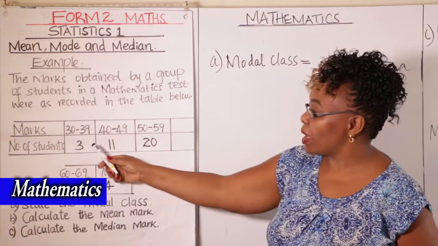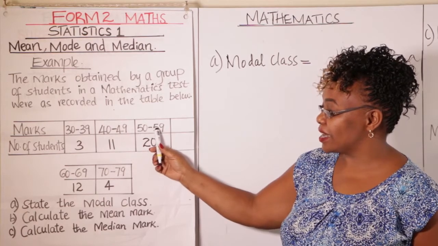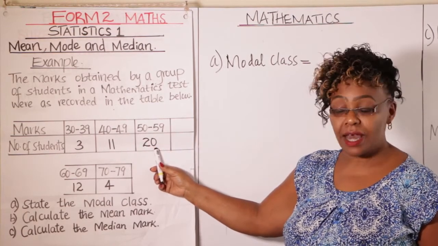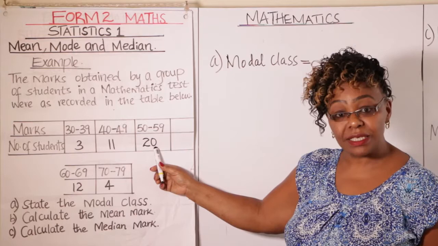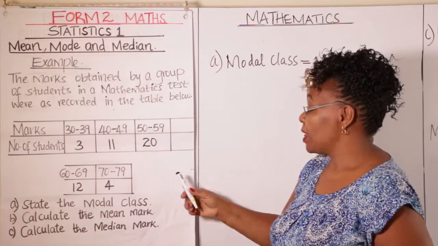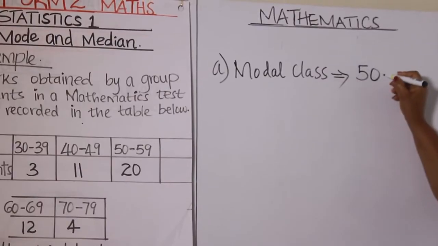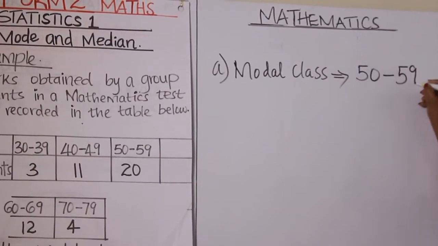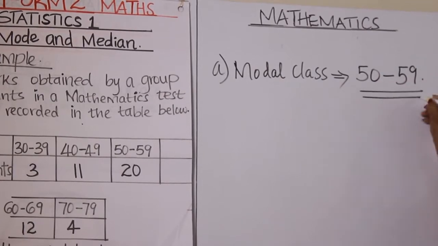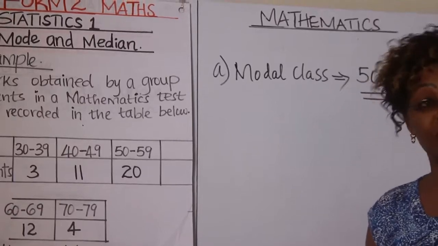So if you come to our table here, you can see that this class here, 50 to 59, its frequency is 20. It has the highest frequency, 20. And therefore our modal class will be 50 to 59, the class which has the highest number of students.